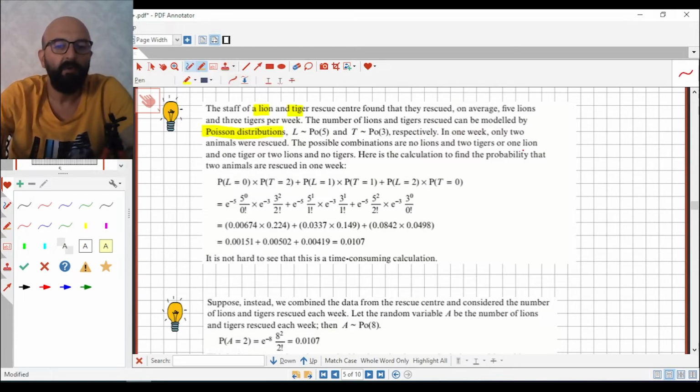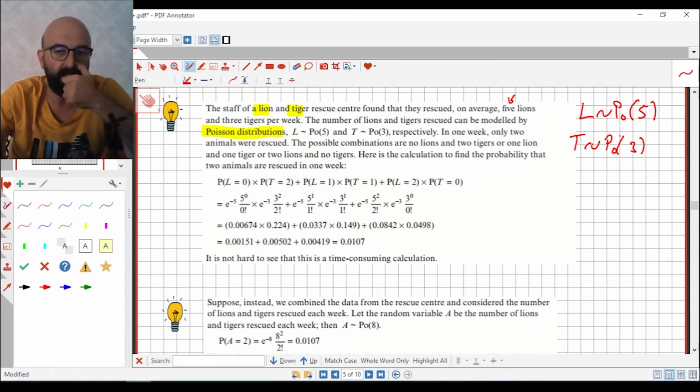For the lions, the average is 5, so the Poisson lambda is 5. For the tigers, the average is 3.